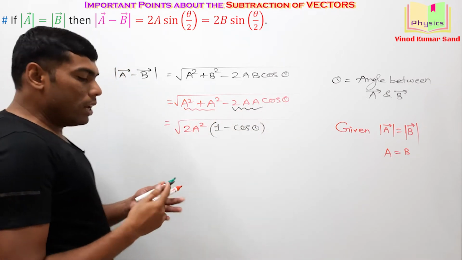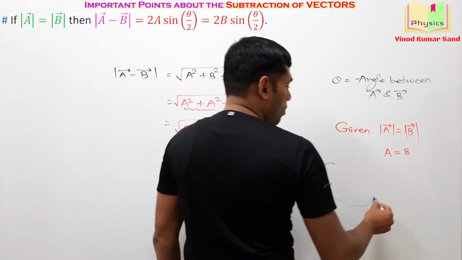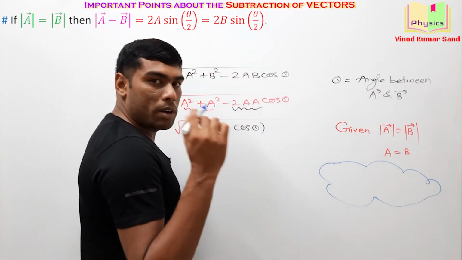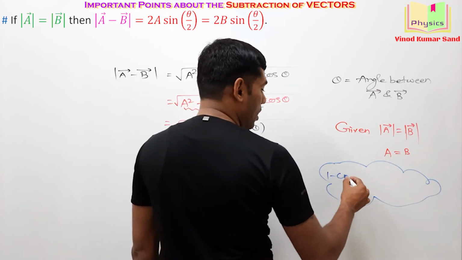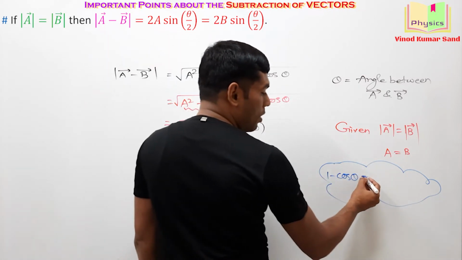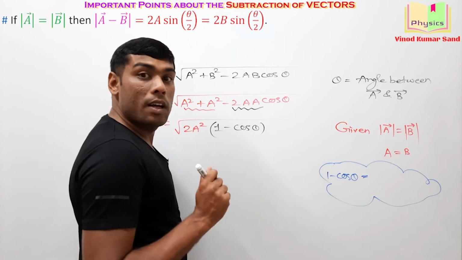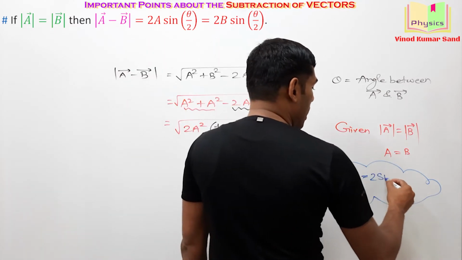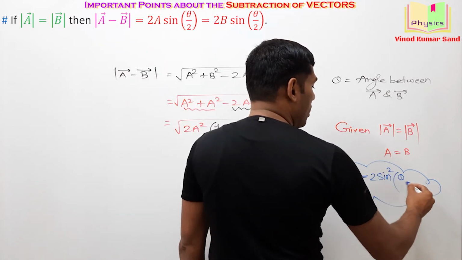Okay. 1 minus cos theta is equivalent to what? Do you remember something from trigonometry? 1 minus cos theta is equal to 2 sine square theta by 2.